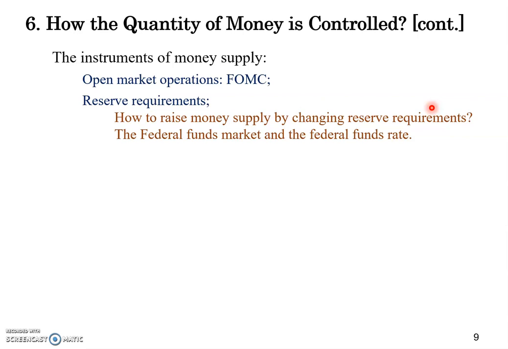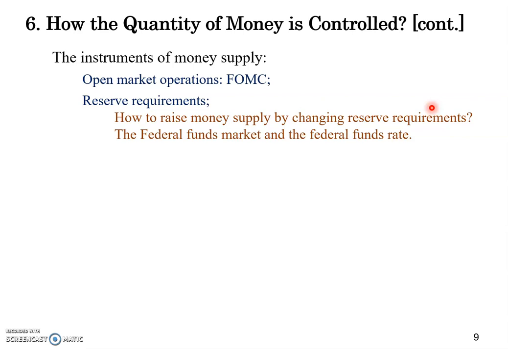So Bank of America, as a profit maximizer, has no reason to turn down the offer, right? So what BOA will do is go ahead and lend the $1 million to that businessman.